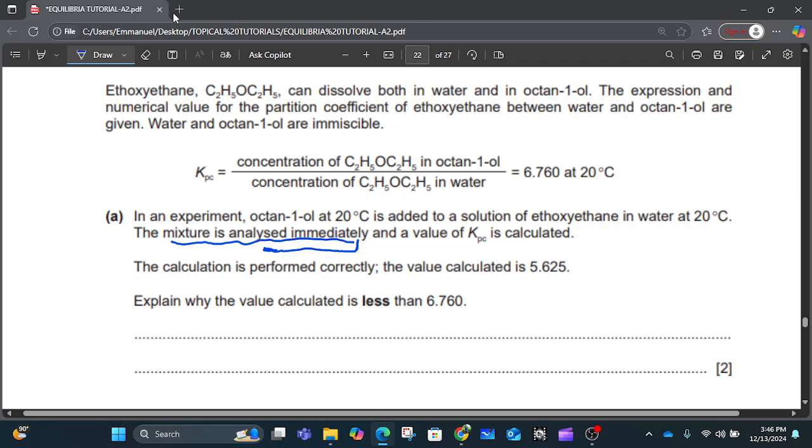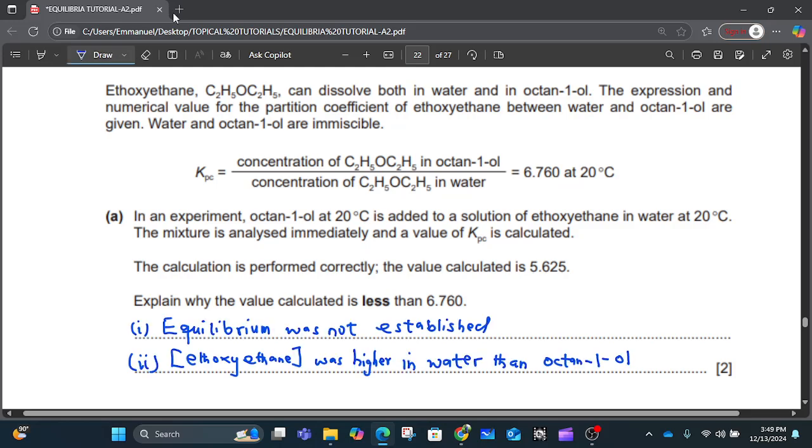And also for the KPC value to be less than the actual KPC value, it means that the ethoxyethane dissolved more in water than in octan-1-ol at the time this value was calculated. So we can say that equilibrium was not established and the concentration of ethoxyethane was higher in water than in octan-1-ol.